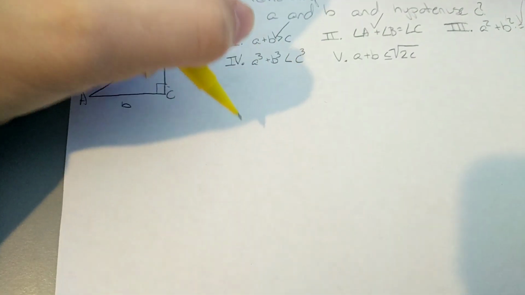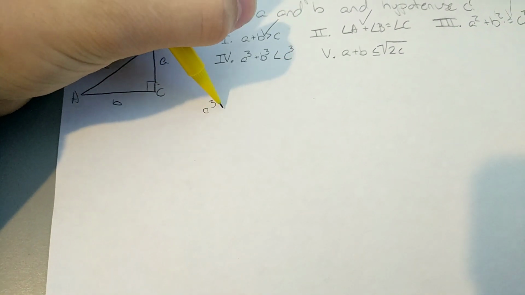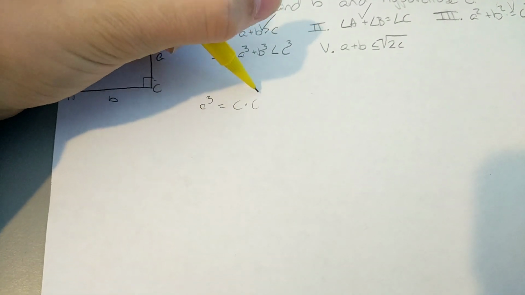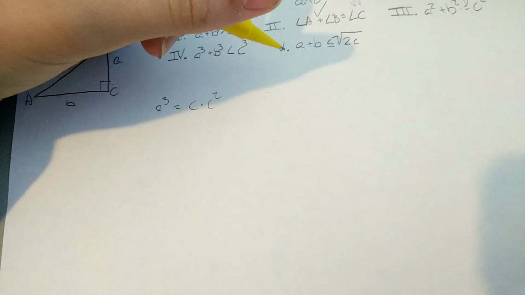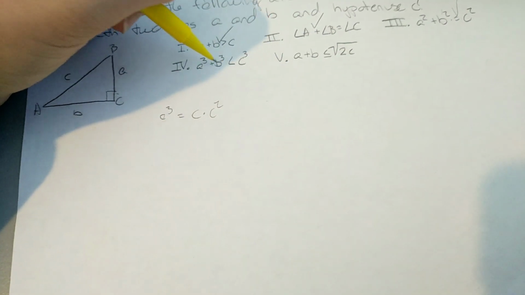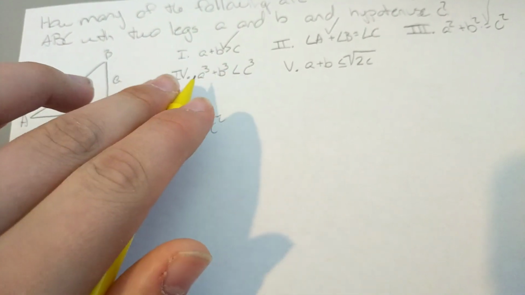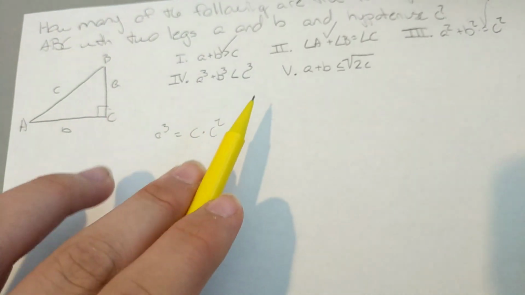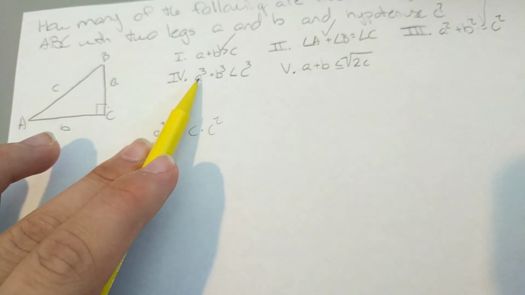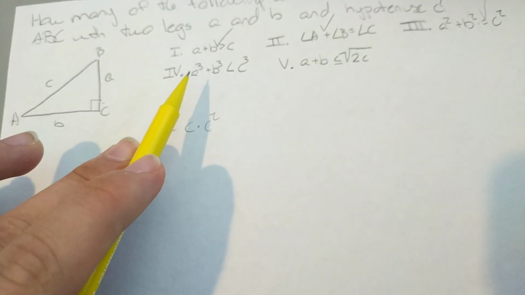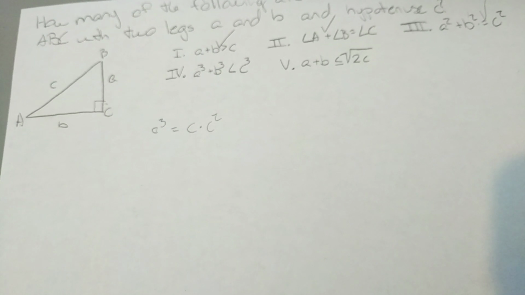Okay, so if we write C cubed as C times C squared, then to figure out if C cubed is greater, instead of A cubed, you could replace it with A times A squared, and then just see which one's bigger.